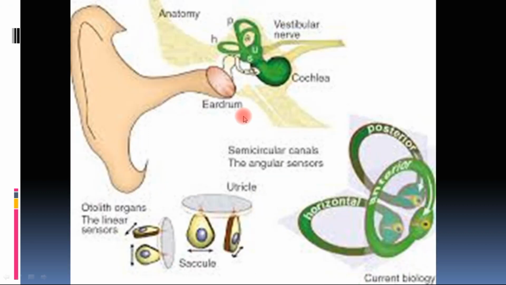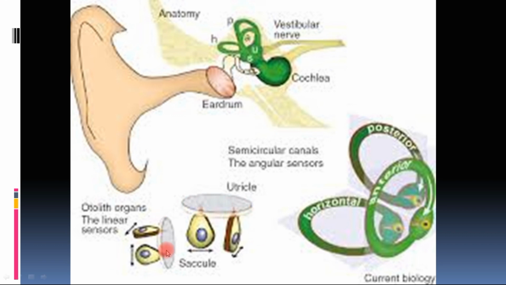Now this is a little bit hazy diagram, but what you have to see is that the macula in the utricle is lying horizontally. As you can see here, it is horizontal, that means it is parallel to the surface of the earth.